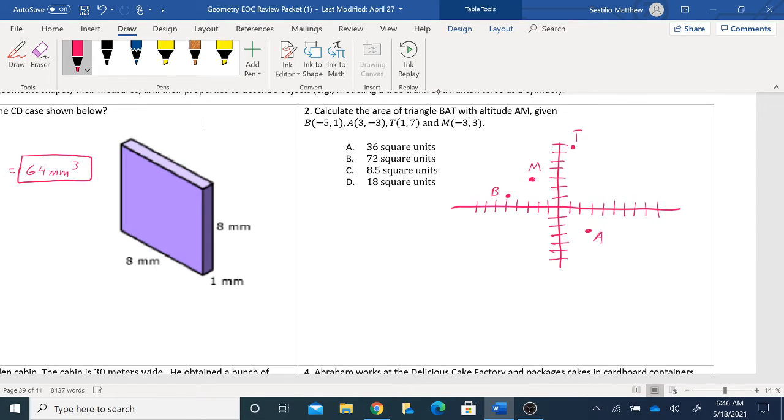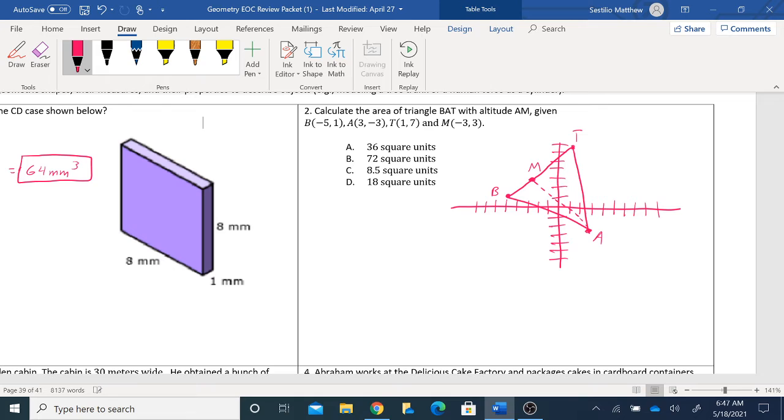So I'm guessing a straight line that goes through M to B. Here's our triangle. This dotted line is our altitude. That's kind of like the height of our triangle.